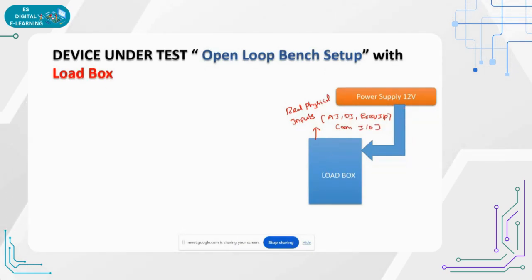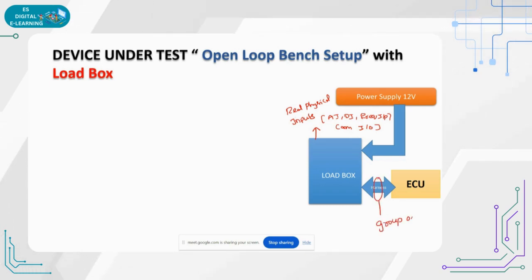Okay, so we are giving the power supply to the load box, and from here we are externally communicating with the ECU, because this ECU is expecting some physical values. Whatever harness we saw, this harness is a bunch of wires consisting of specific inputs, digital inputs, frequency inputs, communication IOs, and moreover the power supply and ground.